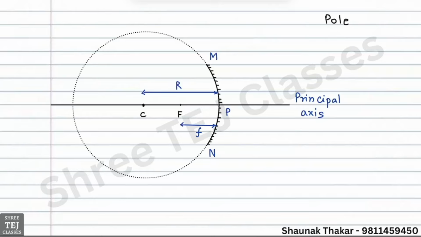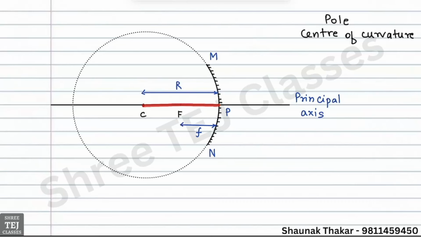That sphere would have had a center. The center of the sphere of which the mirror is a part is called the center of curvature, denoted by the letter C. Now, the sphere would have had a radius.